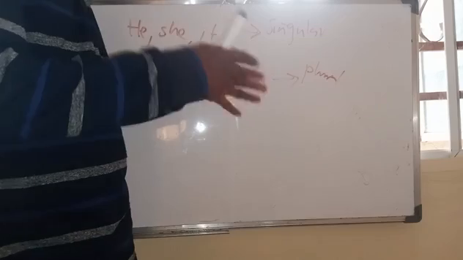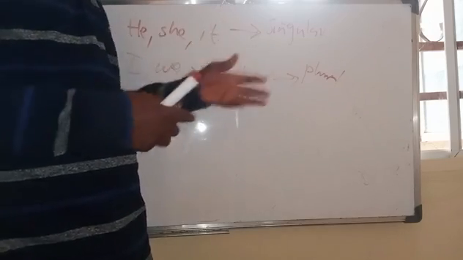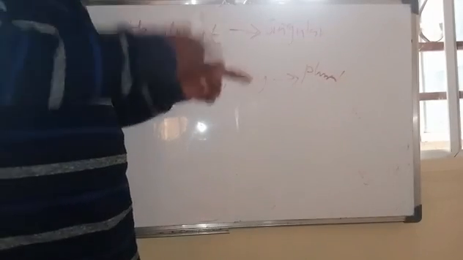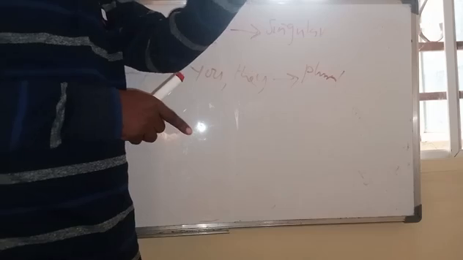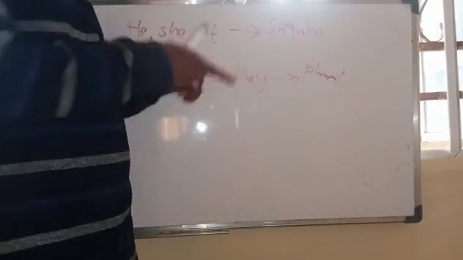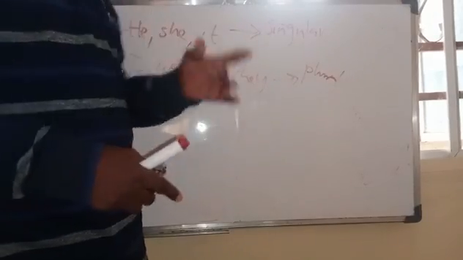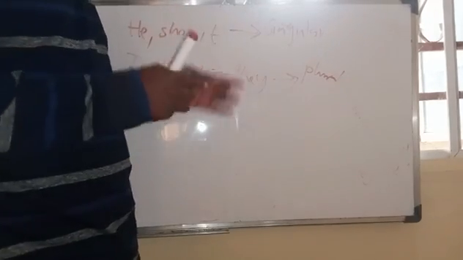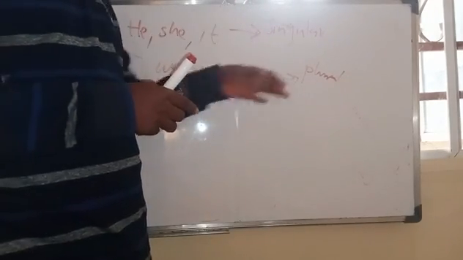Then you start considering other factors like proximity. Which of them is closer to the verb? Like when we say either Ali or they, then it will be go to school every day. But if it is either they or Ali, it will be goes to school because we are looking at the subject that is closest to the verb. So that subject will be considered. It has to agree with the verb.